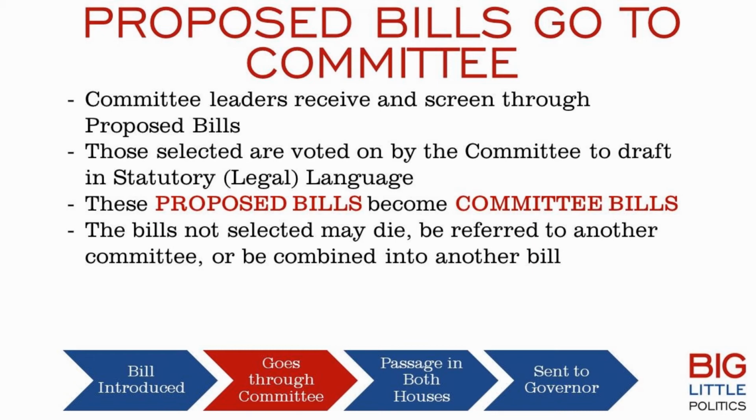And they can select certain ones and write them up in legal language, so it's not as simple as that balloon bill we just saw. They'll rework it, they'll make it look like a law, essentially, and then it becomes a committee bill. These bills not selected can just die and not move forward, or the committees can just hold on to them and use the ideas in a different way.